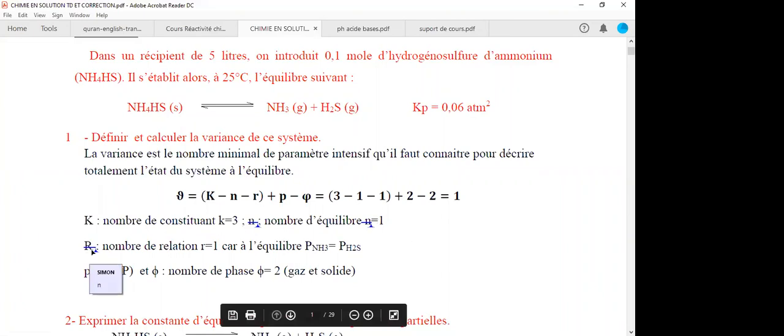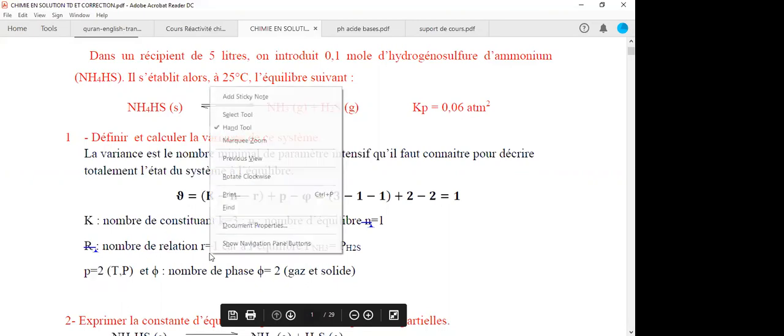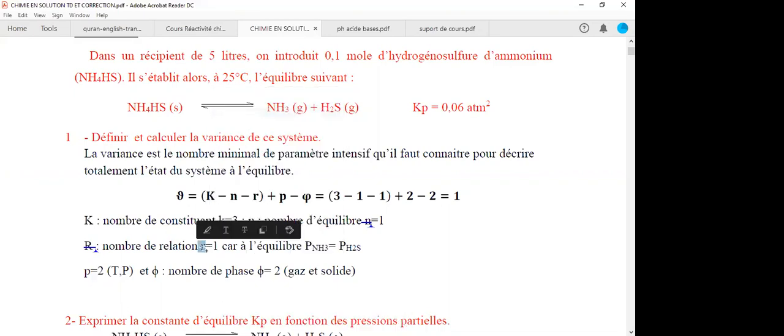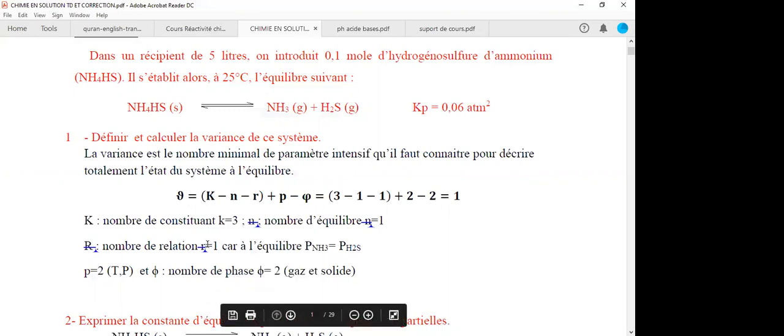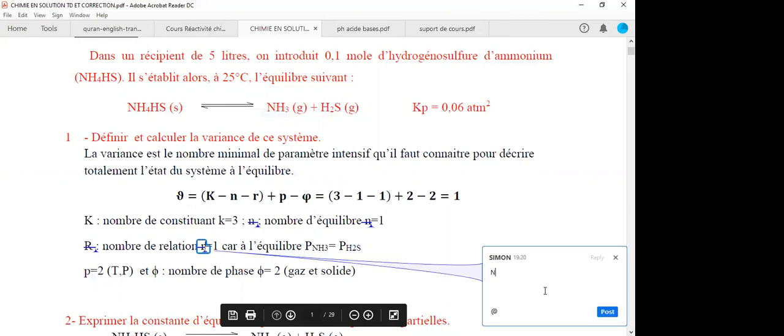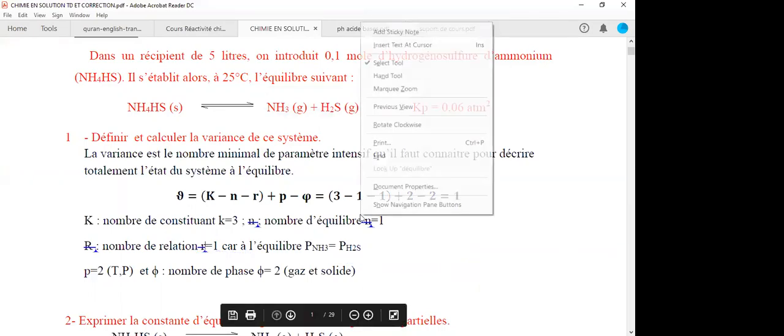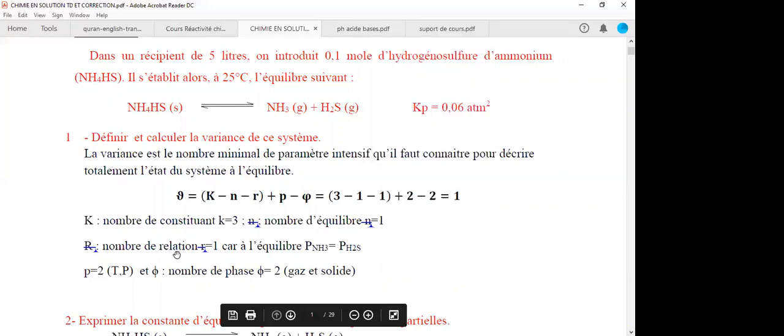So here N, nombre de relation, N is equal to 1.